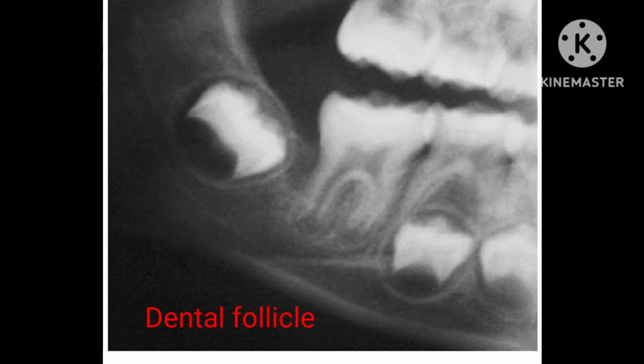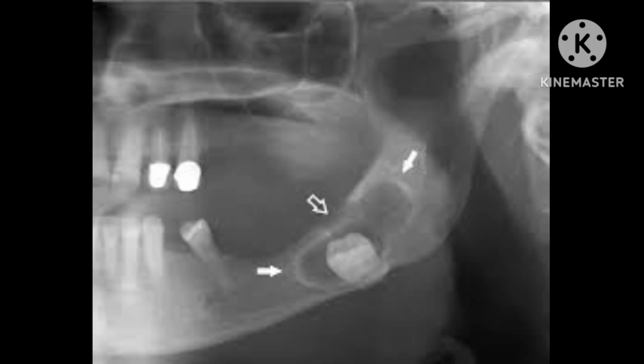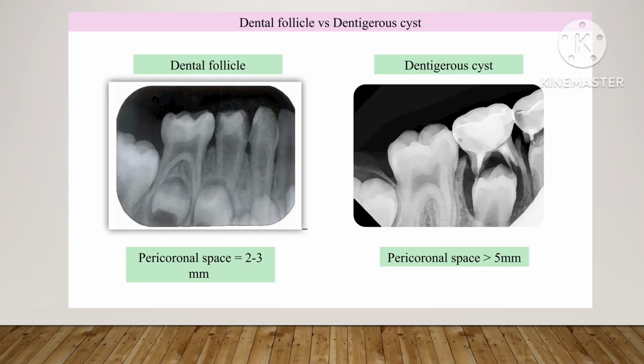The radiolucent area is usually symmetrical and evenly distributed around the crown. A normal dental follicle does not have a thick, corticated or opaque border around it. Pathological cysts, however, may develop a corticated outline as they grow. A normal dental follicle is asymptomatic and patients typically do not report any pain or swelling in that area.